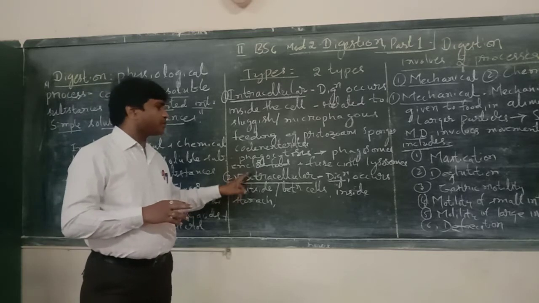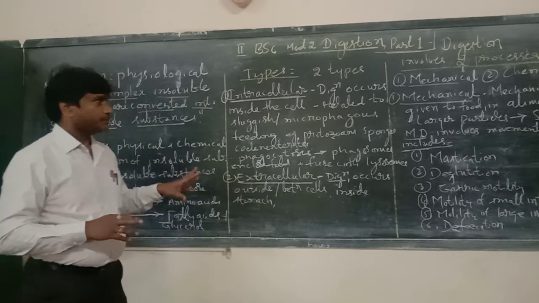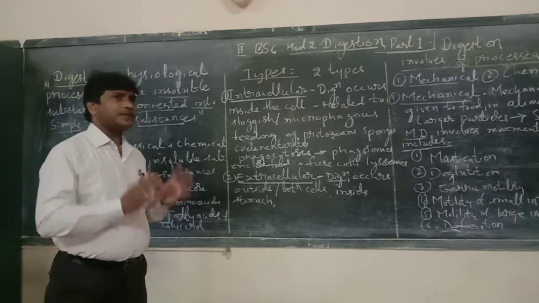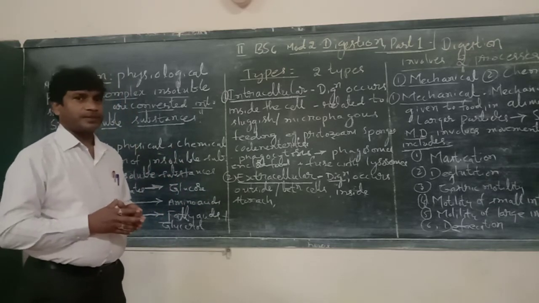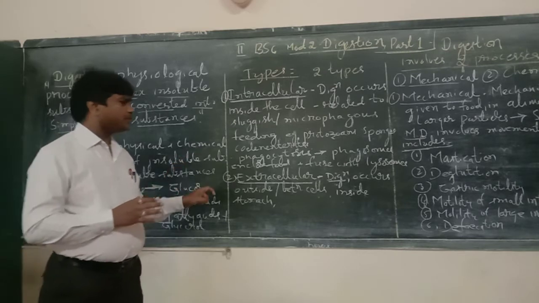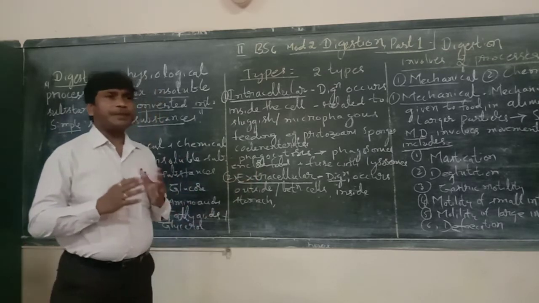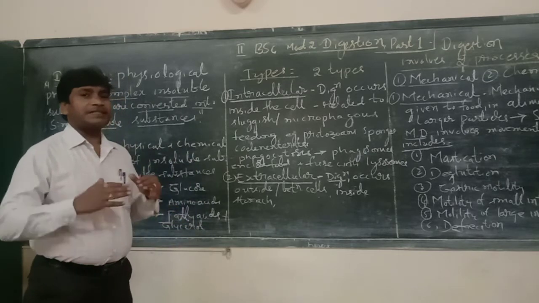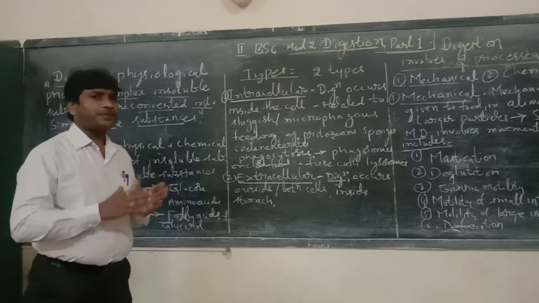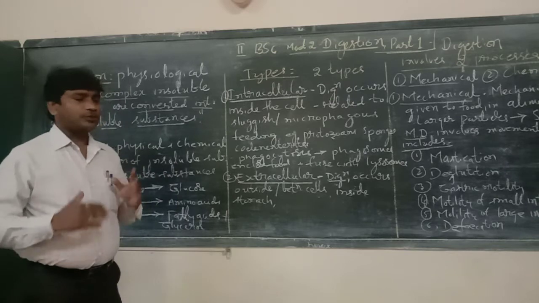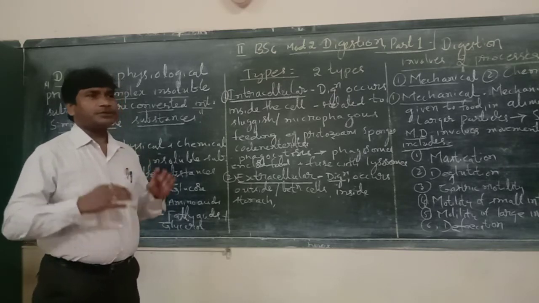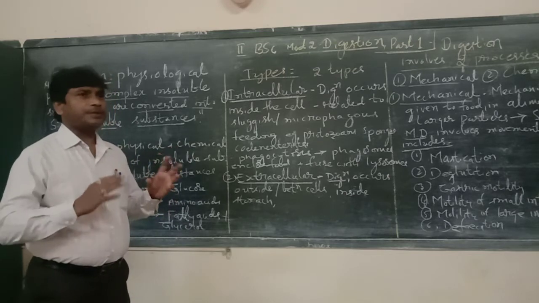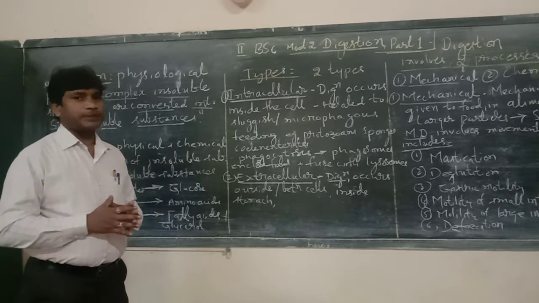That is extracellular digestion. This type of digestion takes place in animals having an alimentary canal. What is the alimentary canal? The alimentary canal is a digestive tract, a straight tube extending from mouth to anus. This is commonly seen in all higher animals, particularly multicellular animals.